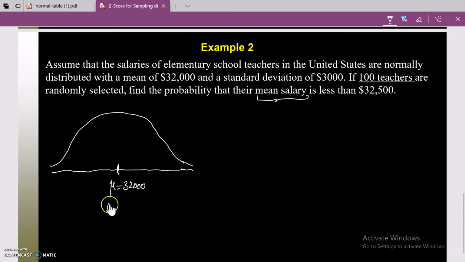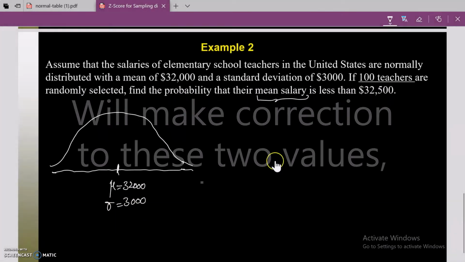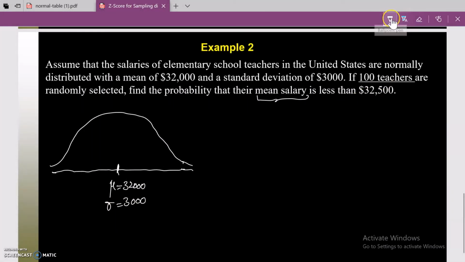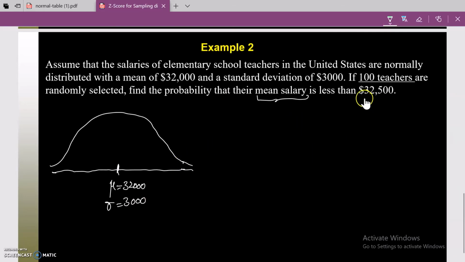And the standard deviation of 3,000. Now look at the value of your interest. The value of our interest is 32,500. This is a value somewhere here. It's a mean value. It's somewhere here.